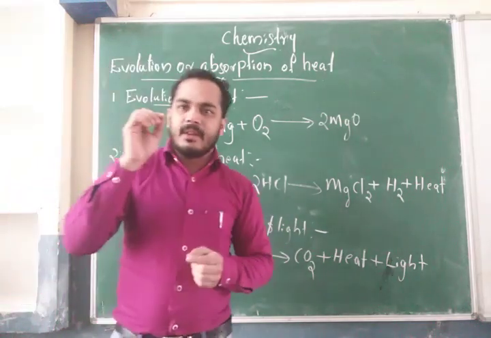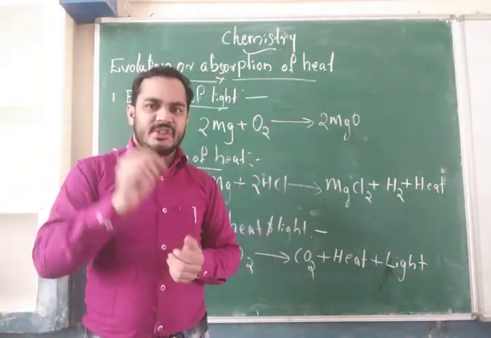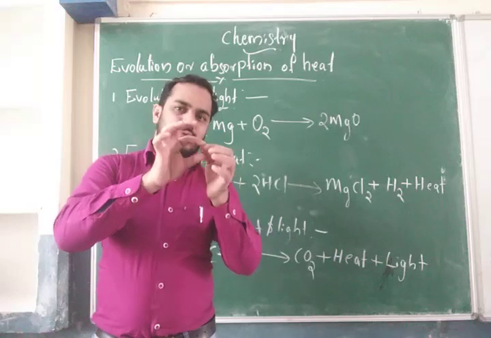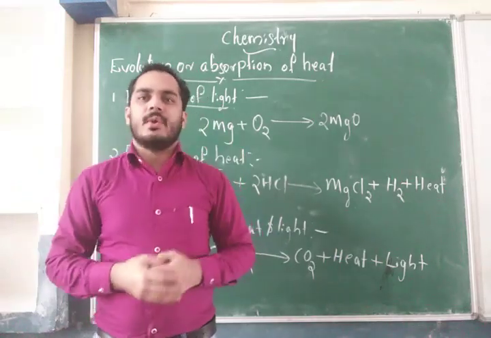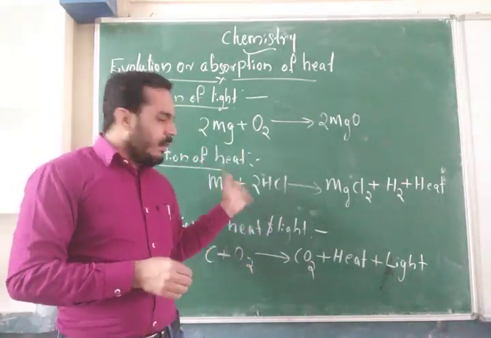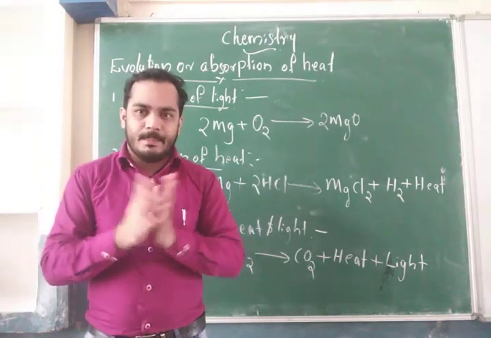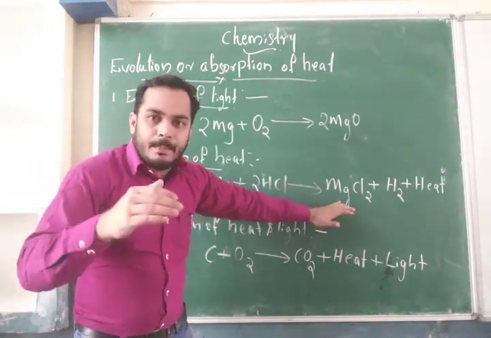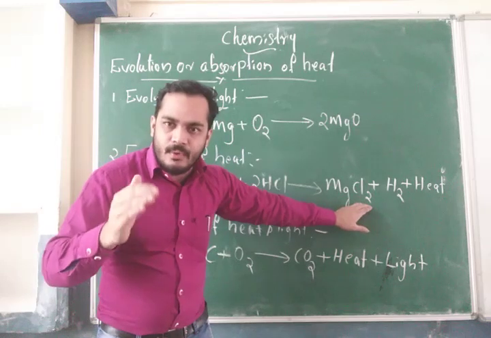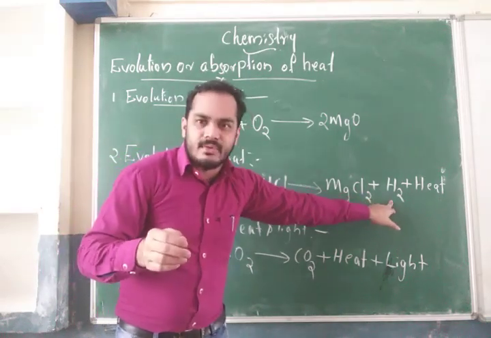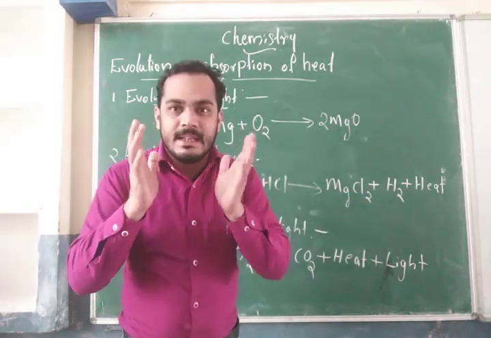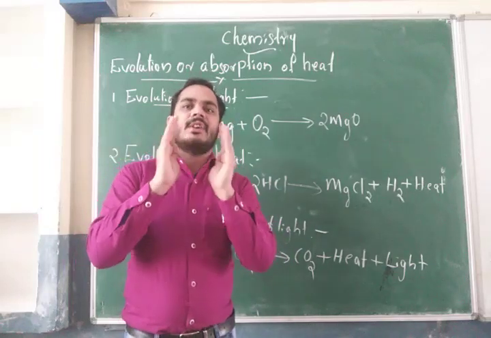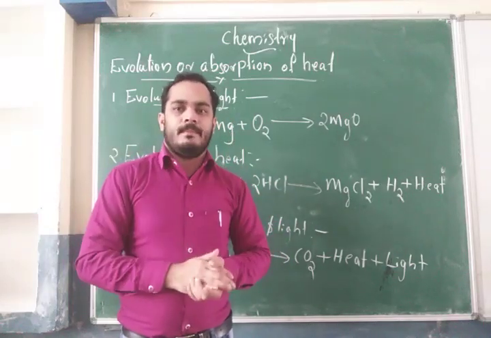We take a small piece of magnesium ribbon, put it into a test tube and add hydrochloric acid. What happened? The product magnesium chloride is formed, plus hydrogen gas, and we see and identify the test tube slowly warming.